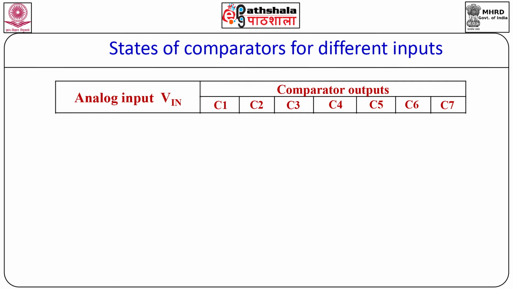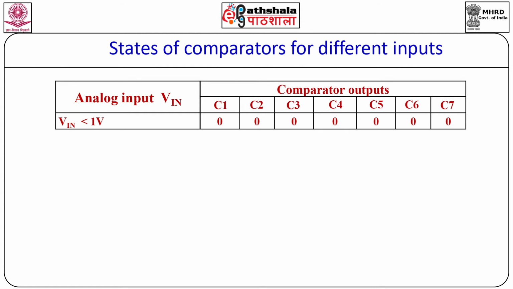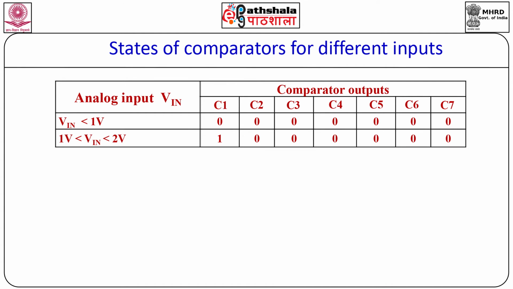Suppose we assume that logic 1 equals 8 volt, so plus V connected to the circuit is 8 volt. Then when Vin is less than 1 volt, the output of all comparators C1 to C7 will be low or logic 0. Whereas when the analog input voltage is increased, and if it is in the range of 1 volt to 2 volt, then only the output of C1 will be high, all other comparator outputs will be low.